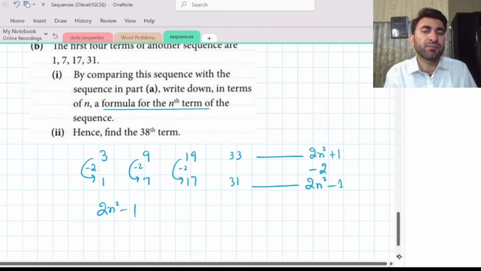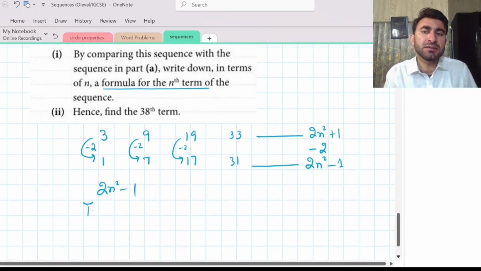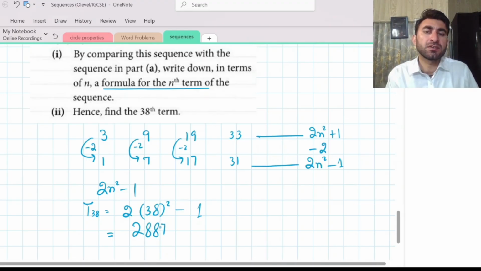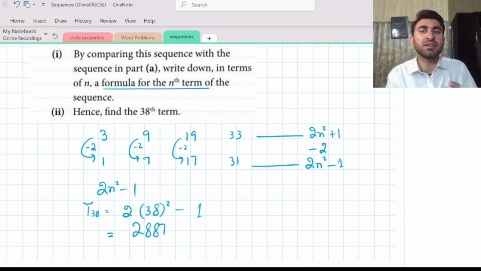So T38 becomes 2 times 38 square minus 1. We will use a calculator, and the answer is 2887. So that is the 38th term of the sequence in part B.